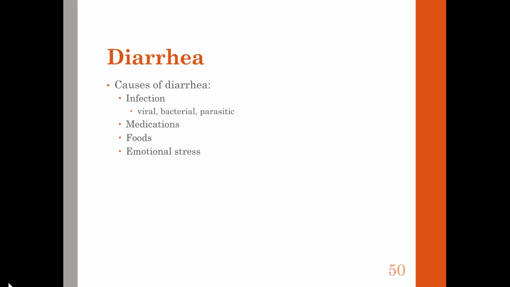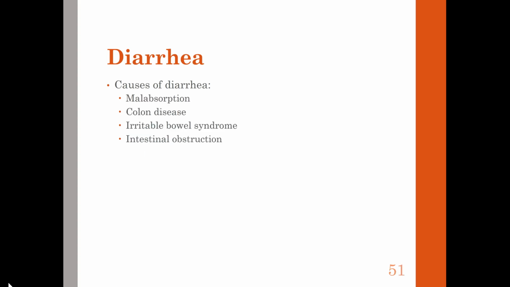So even though there is a vaccine, you've probably had 8 different kinds of norovirus in your life, and you're still going to continue to get it. Other causes are medications like chemo, foods or emotional stress, malabsorption, which we're going to talk about in a little bit, colon disease, IBS or irritable bowel syndrome, and intestinal obstruction where the stool is just going around that impaction, but there's still an obstruction in there.